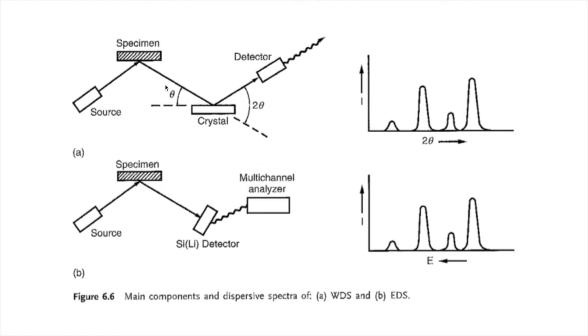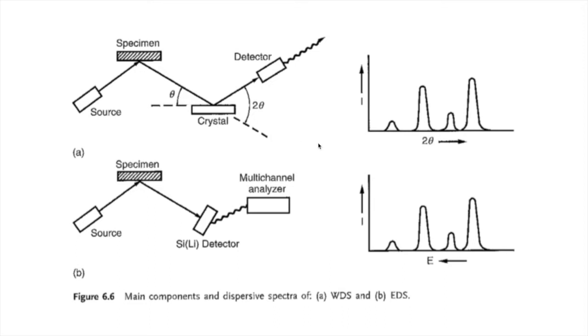afterwards. So WDS relies on Bragg geometry. So effectively we have a known crystal up here, and that is oriented with respect to the specimen with the theta geometry. And so our detector's over here. And so we basically set up a diffractometer from the x-rays that have come off the specimen.